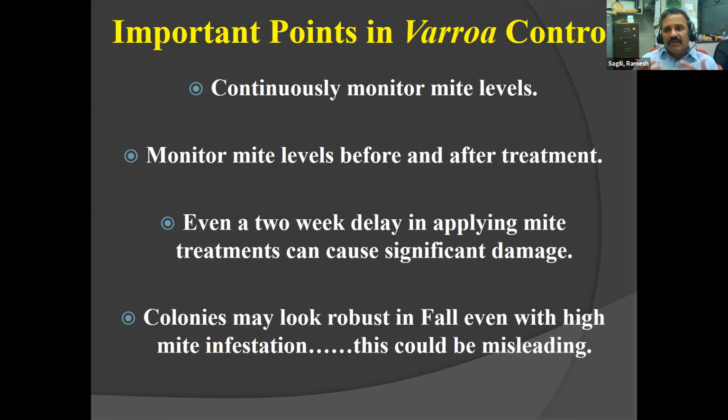And so they may look good to you, as a new beekeeper, when you look at them, they may have 17 frames of bees, but their immune system is compromised. So they will die eventually by December. So don't get confused that, yeah, I saw a lot of bees in the hives and they're all fine. Probably their immune system is compromised if they had high mite infestation levels.